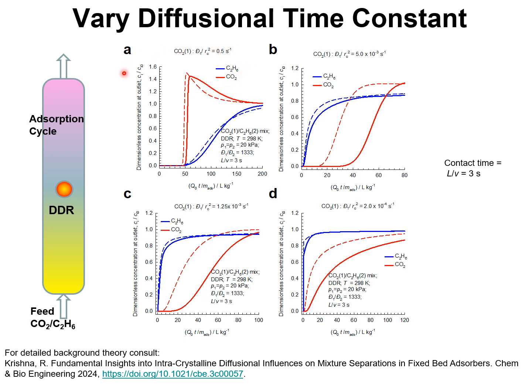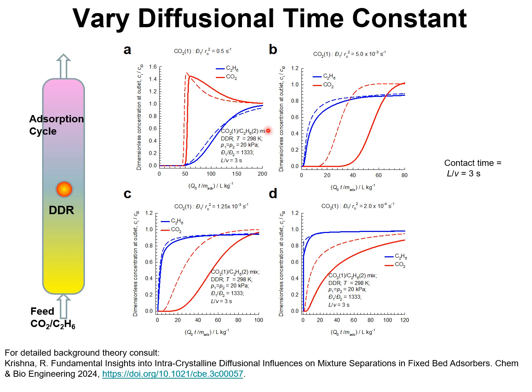So in this case, you will see that the LDF model works reasonably well, because the value of the diffusional time constant multiplied by the contact time is 1.5, well above the value of 0.1 that is mandated in the Glueckauf approximation.